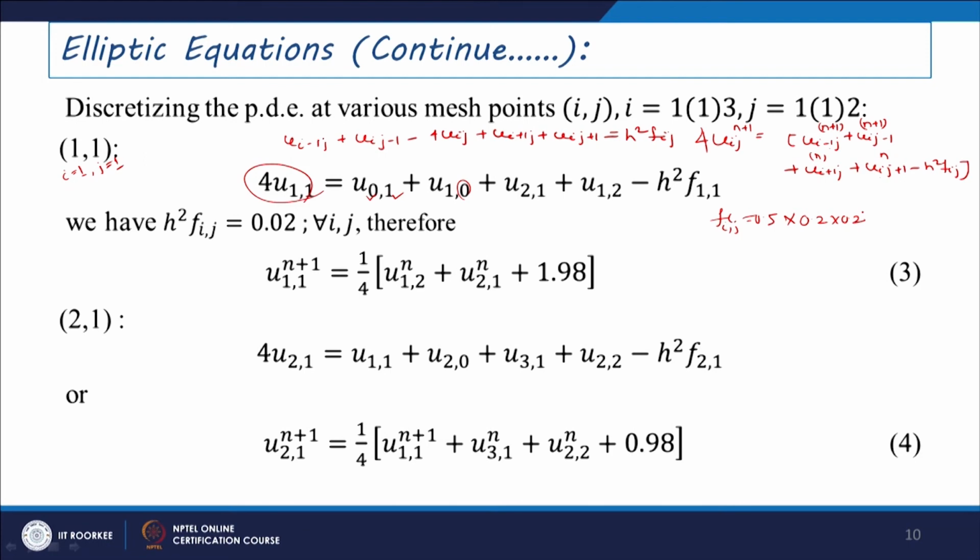And for all i, j, we can write this as u11^(n+1), since this left hand side is unknown here.